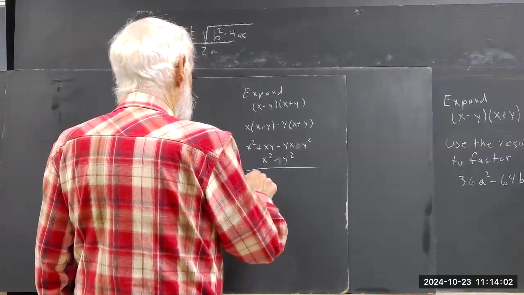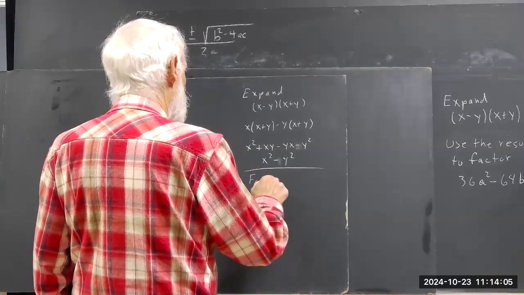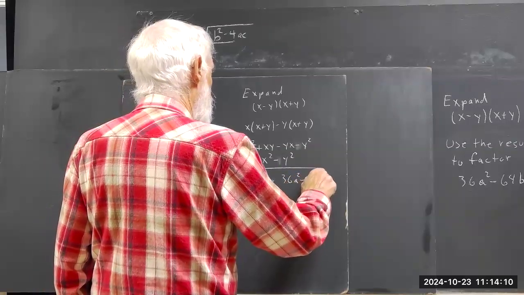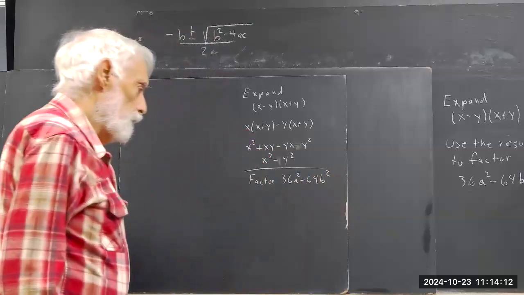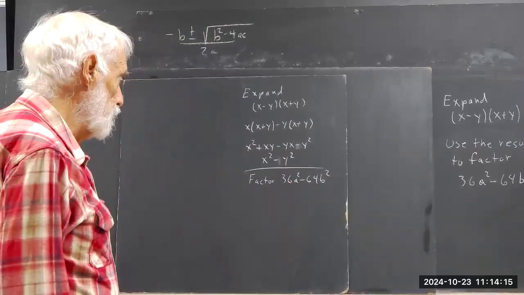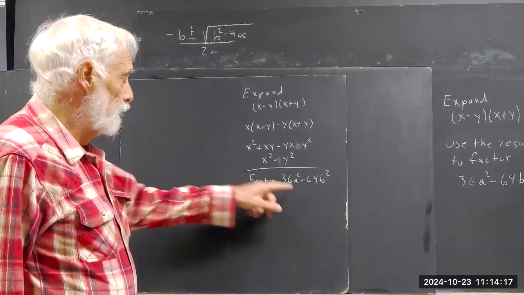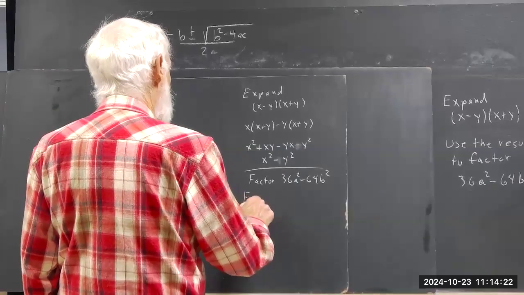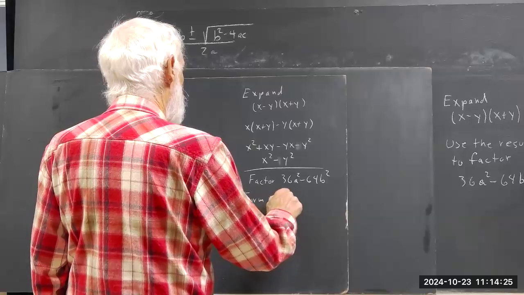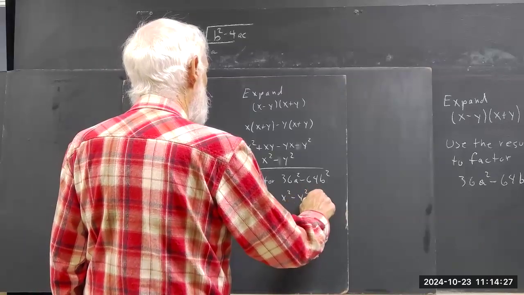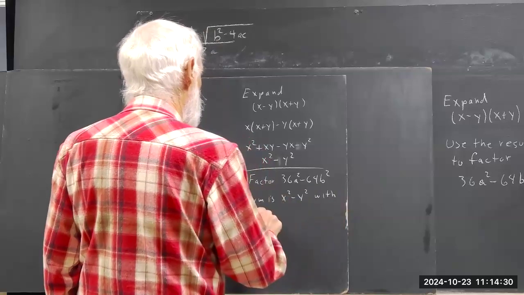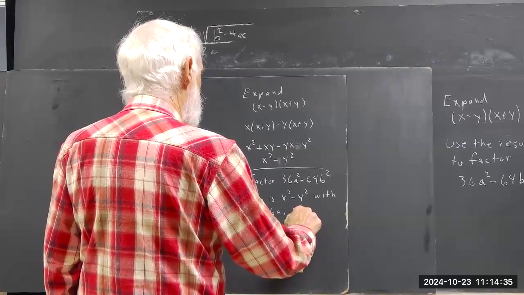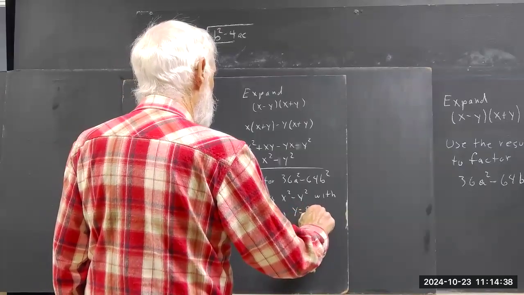And then, when we factor 36a squared minus 64b to the 6th, well, this is in the form x squared minus y squared. x is 6a and y equals 8b.